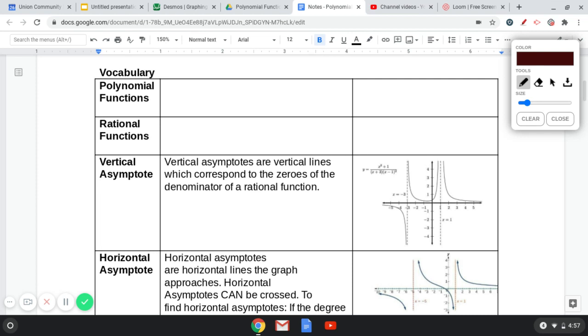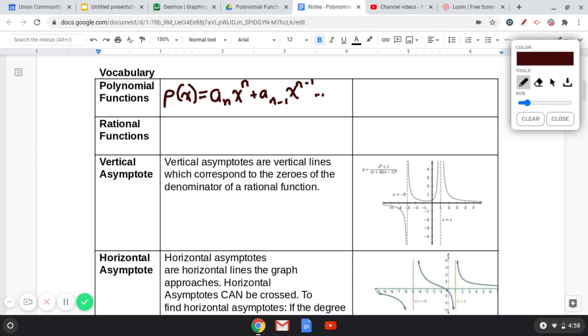A polynomial is a function in the form p of x equals a sub n, which is just a constant term, so a number, 1, 2, 3, -8, 4/3, times x to the power of n, plus your next coefficient, a sub n minus 1, times x to the n minus 1, and you might already see a pattern, and then a sub n minus 2 times x to the n minus 2.